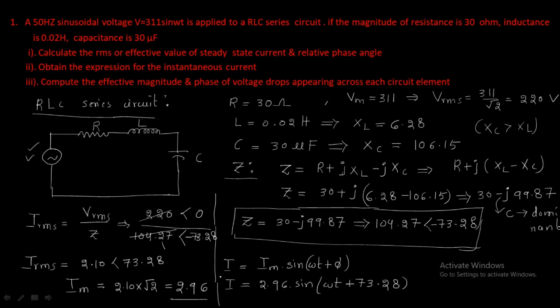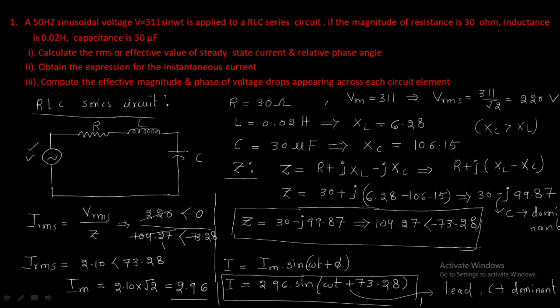This is the instantaneous current. The first question is completed. Capacitance is dominant, so the current is always leading. The plus sign means leading, and represents that capacitance is dominant here. Inductance is inactive.